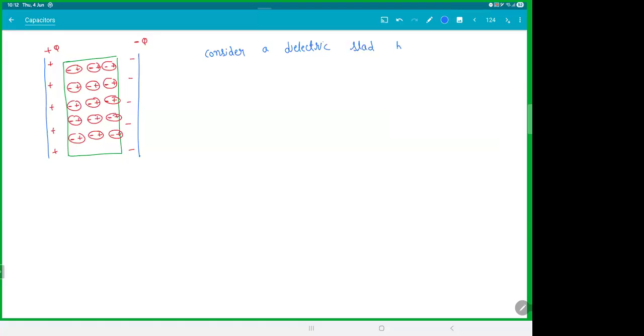Consider a dielectric slab between the two parallel plates. In the dielectric slab, the concentration of free electrons is negligible. That is the reason they are insulators.